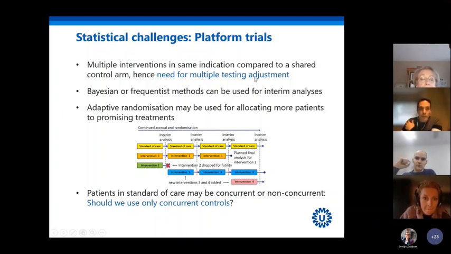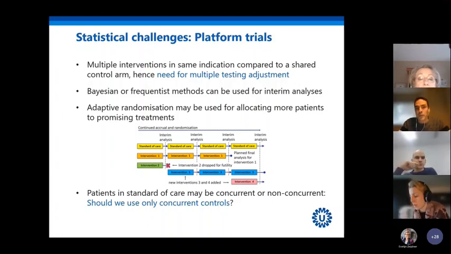So I think I'll briefly go over the platform trials, because Matthew already discussed them. Typically, the issue there is that you do multiple testing and interim analyses, which you can do using either Bayesian methods or frequentist methods. Some of these multi-arm, multi-stage trials also use adaptive randomization to allocate more patients to more promising treatments.